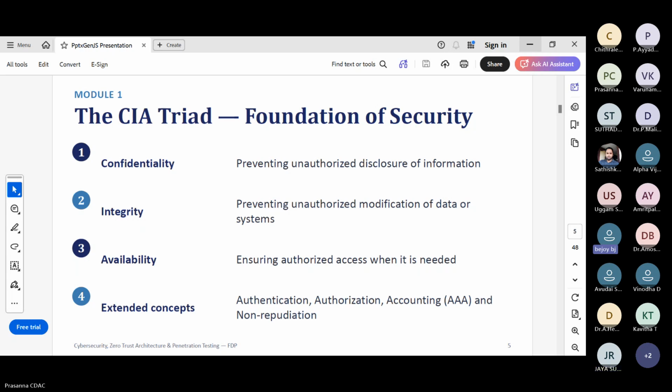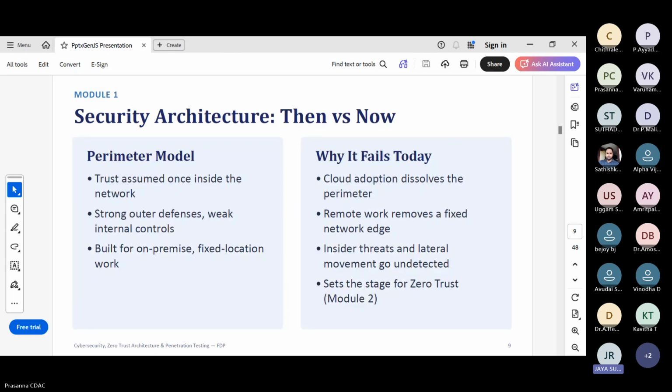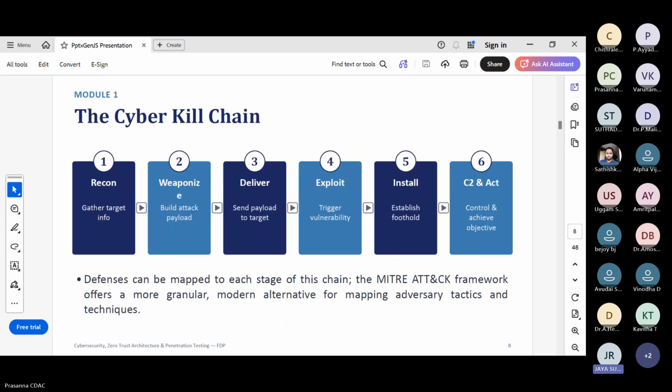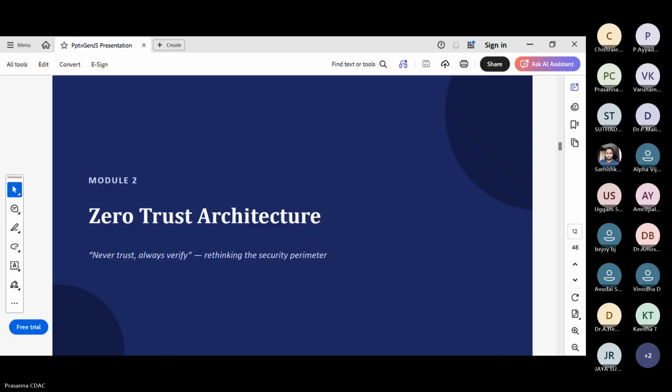Sir, can you please go with zero trust architecture? Okay.